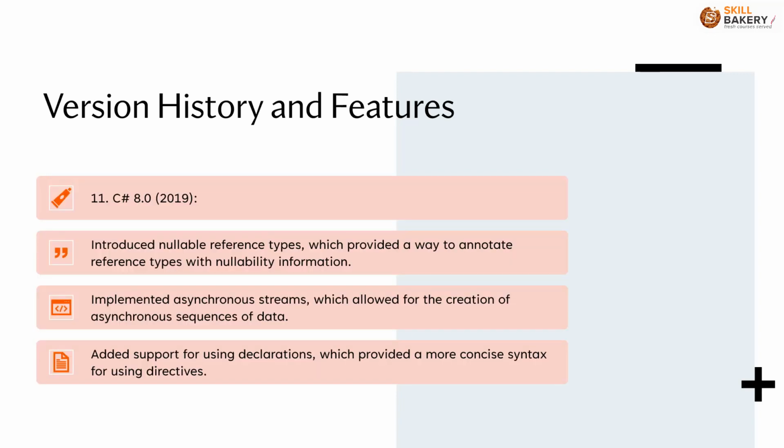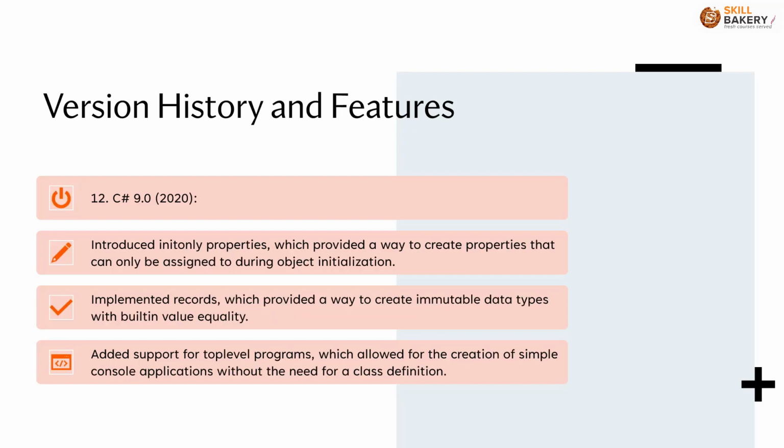Then with C# 8.0, nullable reference types were introduced, which provided a way to annotate reference types with nullability information. It also implemented asynchronous streams, which allowed for the creation of asynchronous sequences of data, added support for using declarations, which provided a more concise syntax for using directives.